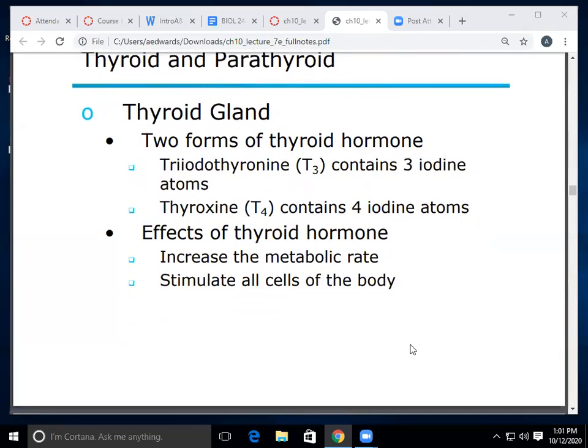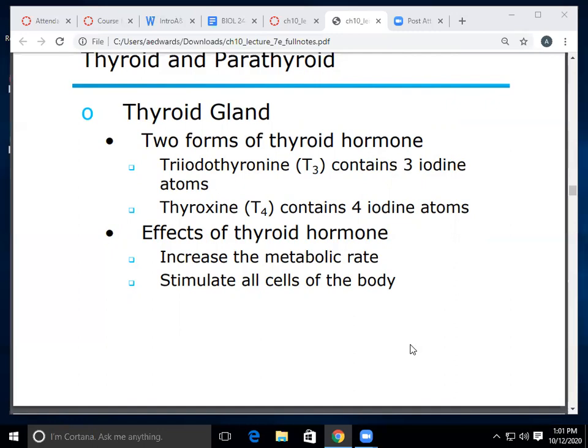All right, since I think we've covered the pituitary and the hypothalamus, let's go on to the thyroid gland and the parathyroid gland. Start with the thyroid. We have thyroid hormone, obviously, produced by the thyroid. It comes in two forms. Could be T3 with 3 iodine atoms in it.